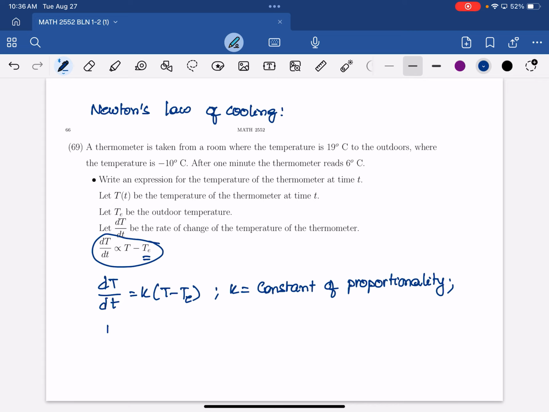Now, what would you do? Of course, you separate the variables. In this problem, TE is given to be negative 10, so the differential equation turns out to be dT/dt equals K times (T plus 10). Separating the variables, dT over (T plus 10) equals K dt.